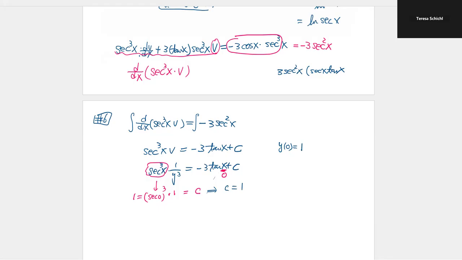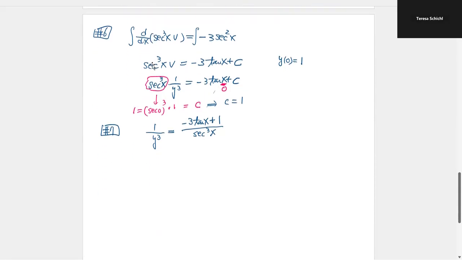Great. So after that, I'll be able to solve my equation. Number 7, finally you can solve it. So 1 over y cube is going to be equal to secant cube x, and then the top will be negative 3 tan x plus 1. If we want, we can flip.